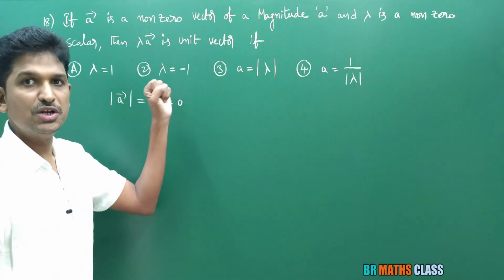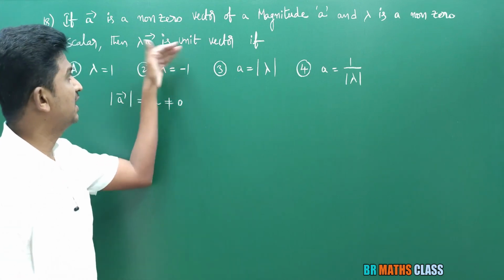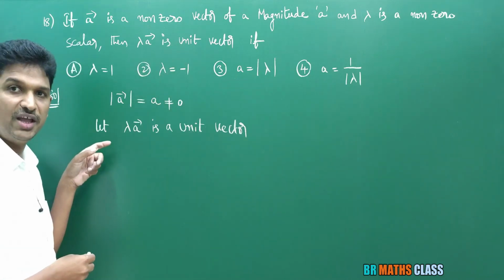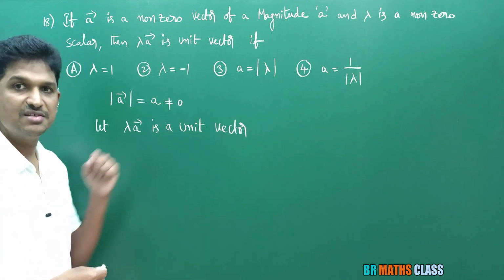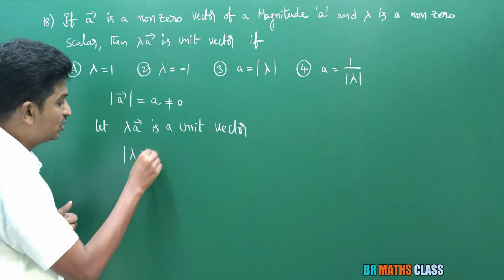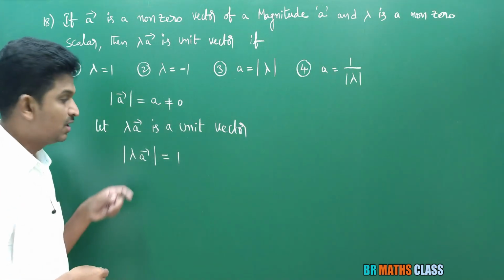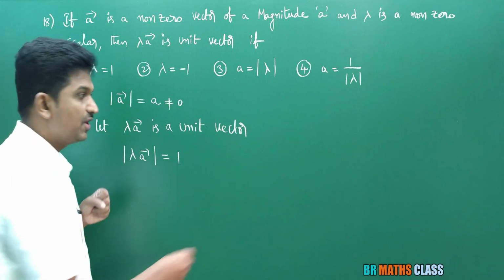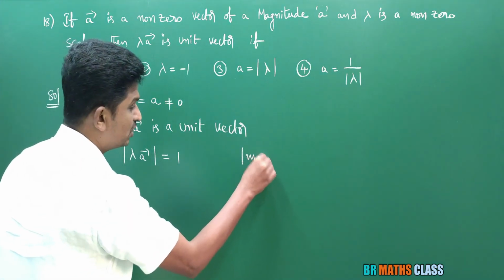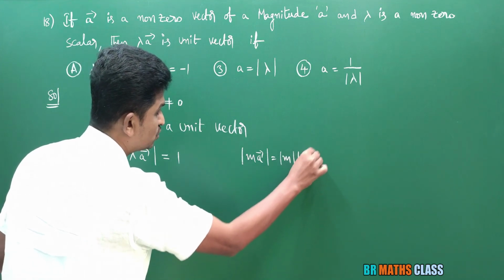Suppose lambda A bar is a unit vector. If lambda A bar is a unit vector, what about its magnitude? As this is a unit vector, its magnitude is 1. You know the formula for magnitude of m A bar: magnitude of m into magnitude of A bar.